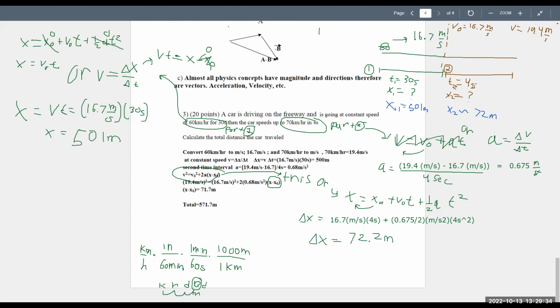So then your X total, oops, ignore that little. Total is equal to x1 plus x2.